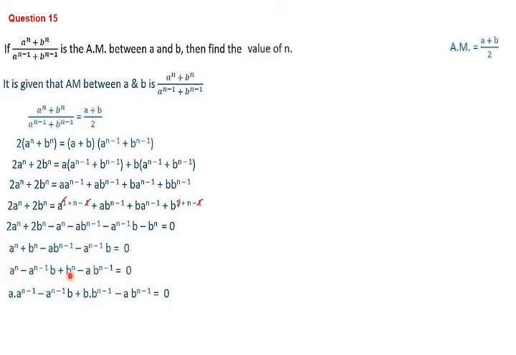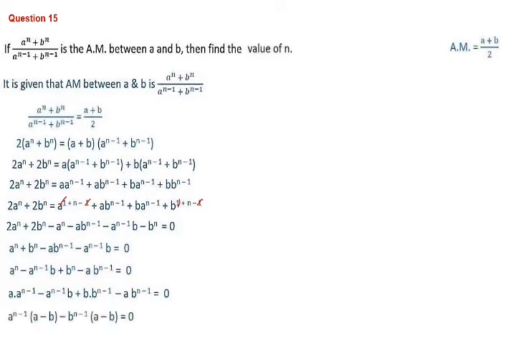So b into b^(n-1). Here also b power 1 is there. So this power 1 plus here power n minus 1. So 1 plus n minus 1. 1 and minus 1 will be cancelled. B^n only balance. So b into b^(n-1) we are splitting, minus this one as it is, equal to 0.